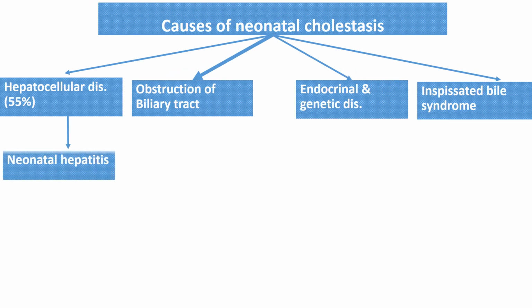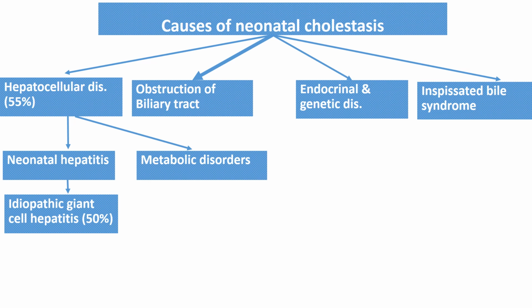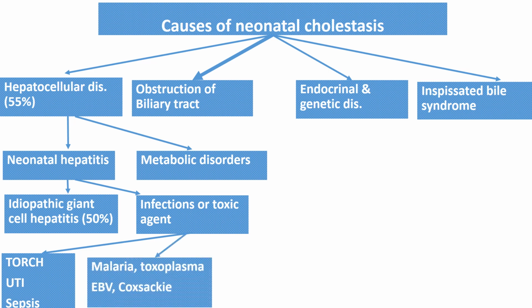In hepatocellular disease, either it is due to neonatal hepatitis or due to some metabolic disorders. In neonatal hepatitis, either it is idiopathic giant cell hepatitis or it can be due to some infection or toxic agents, as after TORCH infection or urinary tract infection, or due to sepsis, or it can be due to some parasitic infection such as congenital malaria, toxoplasma, Epstein-Barr virus infection, or due to Coxsackie virus infection.